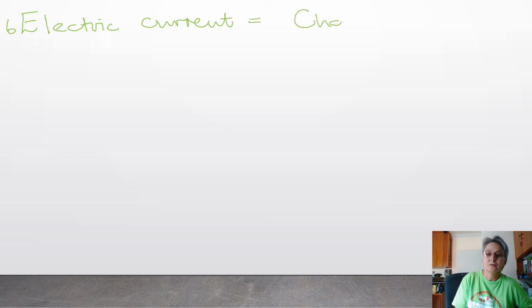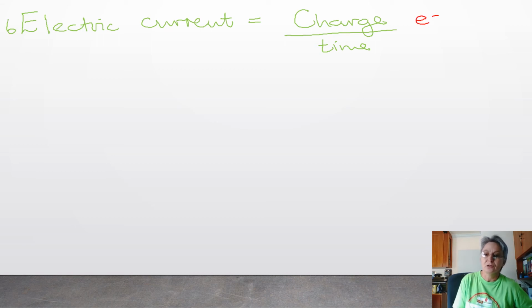Next, they said electric current. I can't remember which number, 1, 2, 3, 4, 5. Number 6, electric current. Now, electric current is the charge per time. It's the rate of flow of charge. Now, charge, there is no direction connected to electric charge.